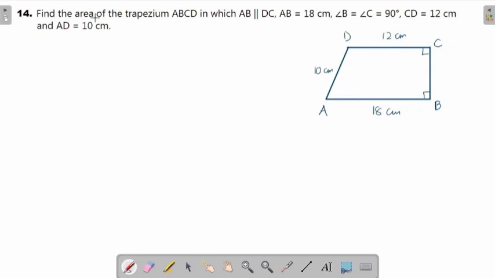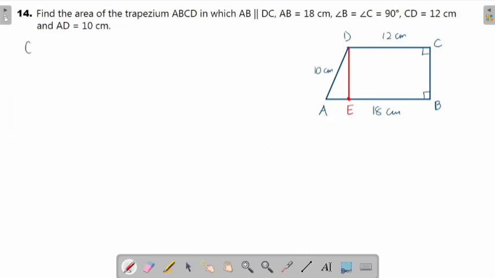So before I find the area, I'll do a small construction. Okay, so the construction is I'll draw a perpendicular line like this. Okay, and let me call this point E. Now see, this is my extra construction.